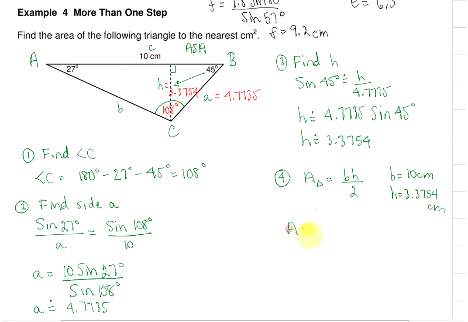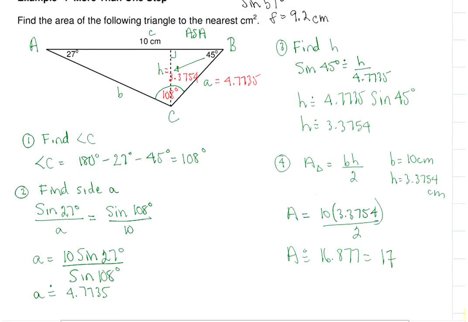And so I will plug those numbers into my formula. And I get that my area is approximately 16.877, and I want to round it off to the nearest centimeters squared, so that would be 17.